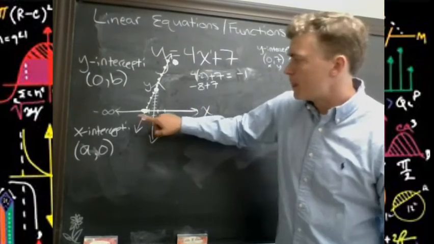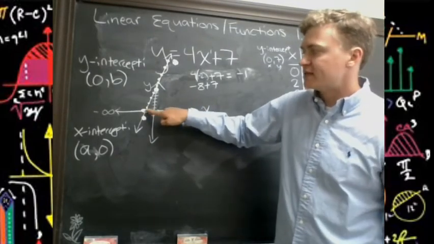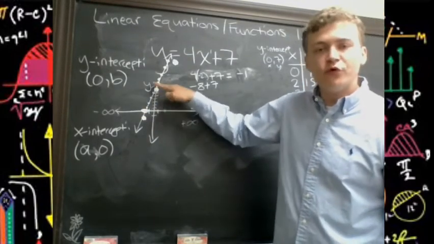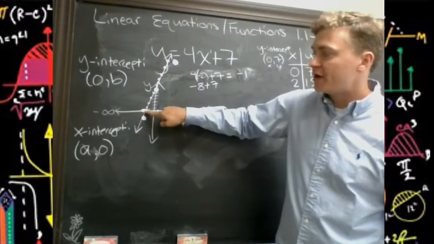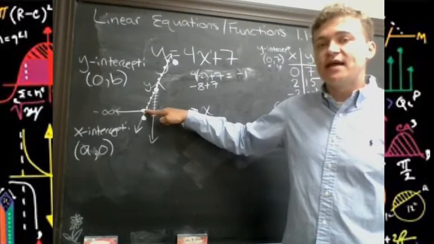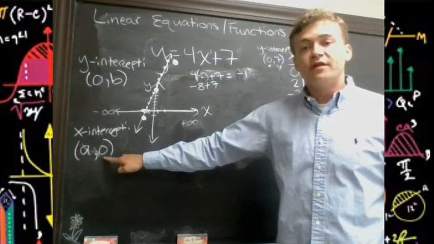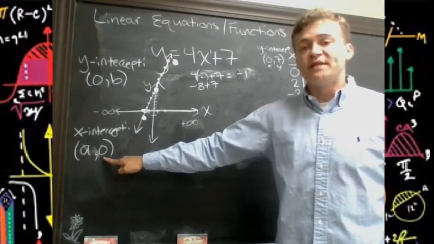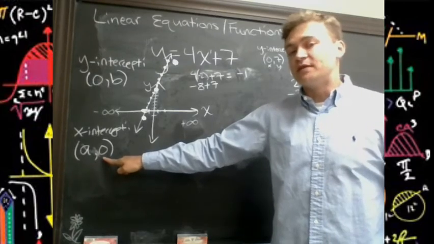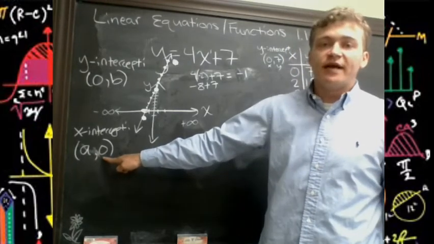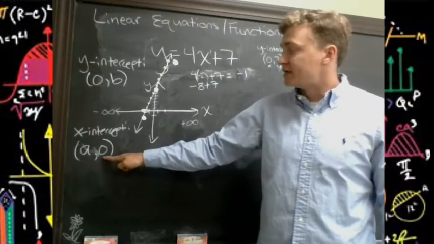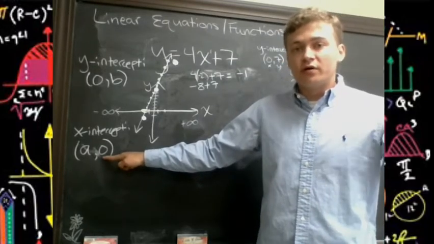Because think about it here. Wherever we cross the x-axis, we haven't moved vertically. That ordered pair that sits on the x-axis has not moved vertically. If it has not moved vertically, then its position vertically is going to be at 0. It has not moved up, nor has it moved down, so it can't be a positive or negative number. It just has to be 0. It has not lifted vertically or dropped.